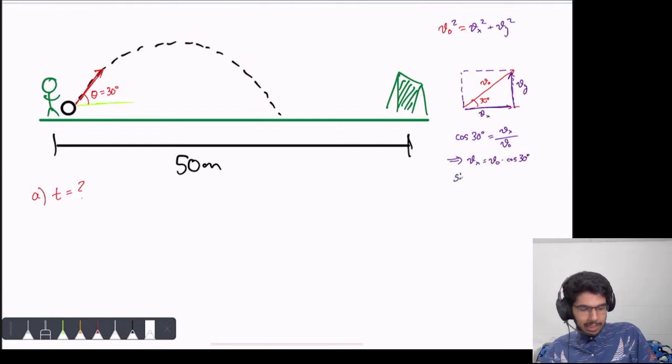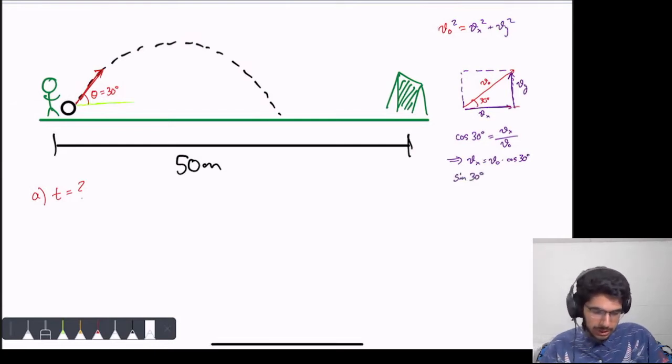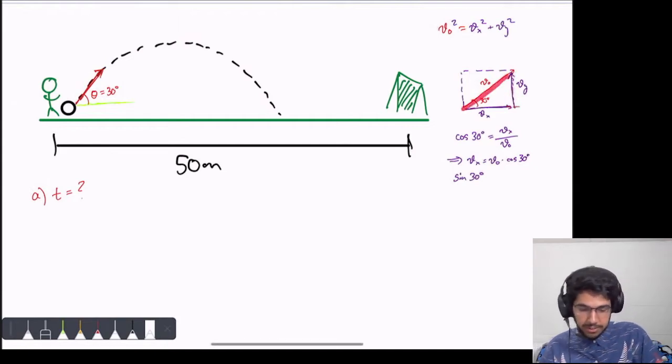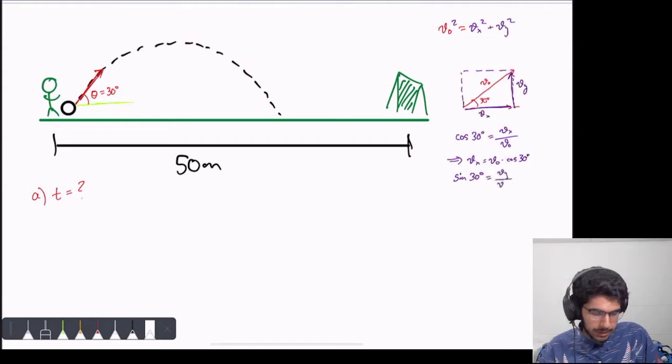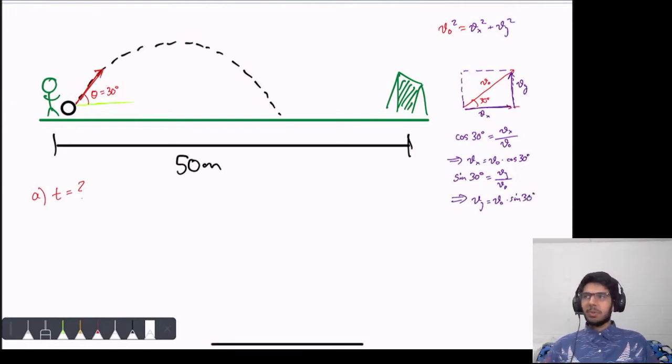Similarly, sine of 30 degrees, that's opposite, which is this, Vy, divided by hypotenuse, which is V naught. So that's Vy divided by V naught, which tells us that Vy equals V naught times sine of 30 degrees. Cool. So we have these components now.